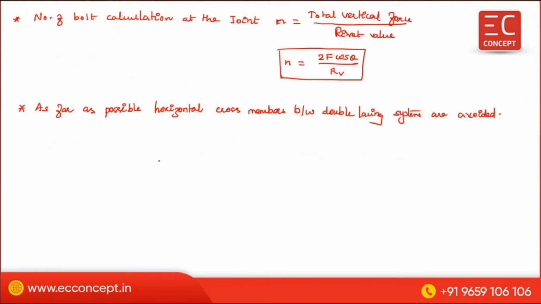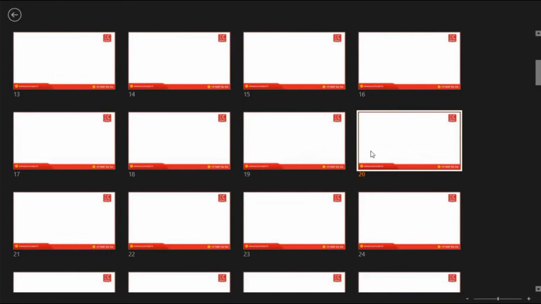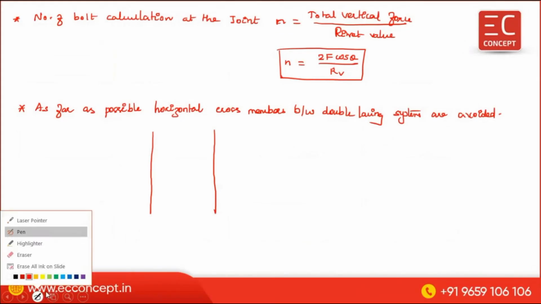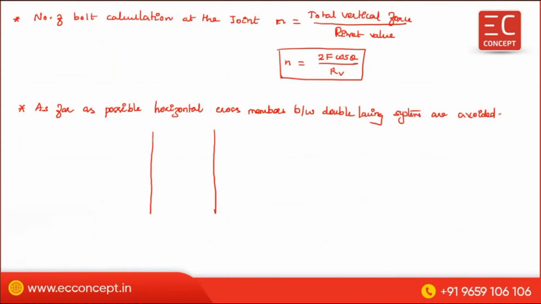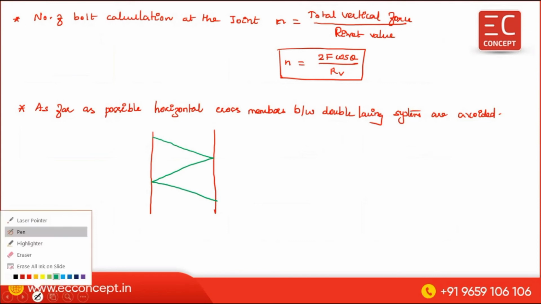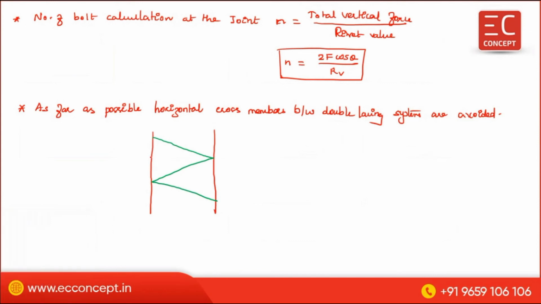Okay, so meaning, for example, this is the member column component. Here we use the lacing system. Suppose this is the lacing system. In between that, you don't use any horizontal member. If you use a batten or something like that, then this joint becomes an indeterminate joint.